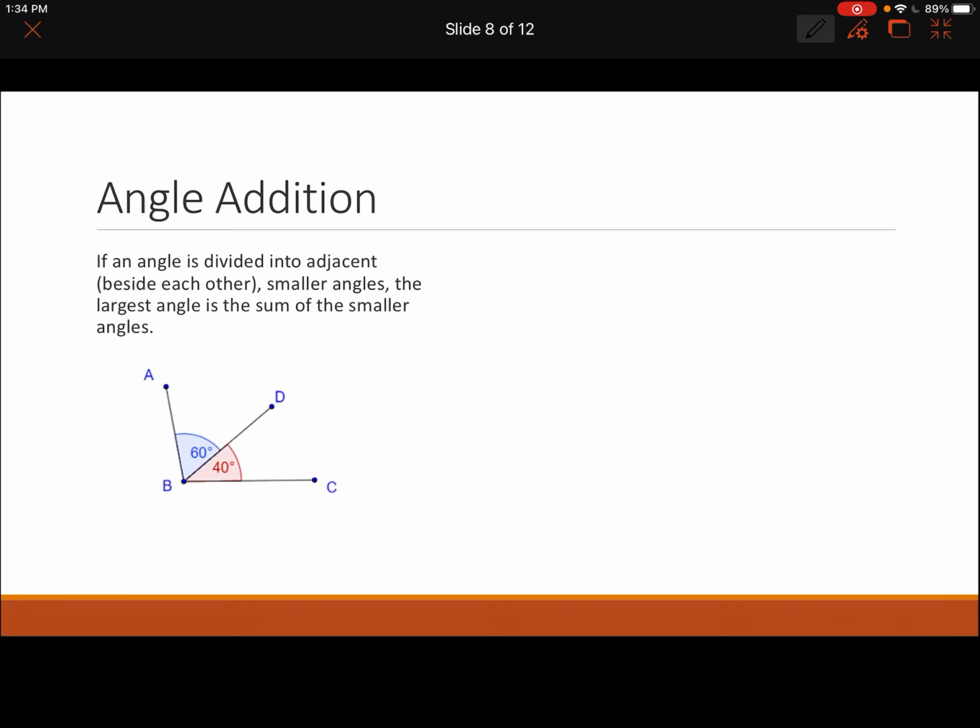The angle addition postulate basically says that if we have a large angle which is divided into 2 smaller angles, the biggest angle is the sum of the 2 smaller angles.